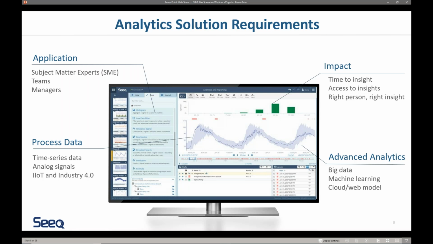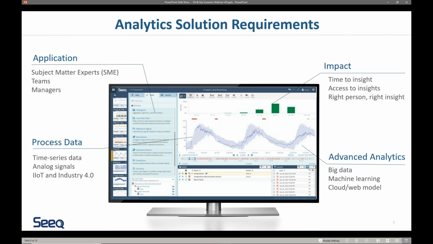The impact that we need to have from this application needs to focus on time to insight. So I mentioned traditional tools that we've used up to this point can sometimes be very time consuming and prohibitive on doing analysis. We need to have access to insights to be able to get at the relevant data that describes that process, and then being able to focus it on the right person for the right insight to be able to take action on that.